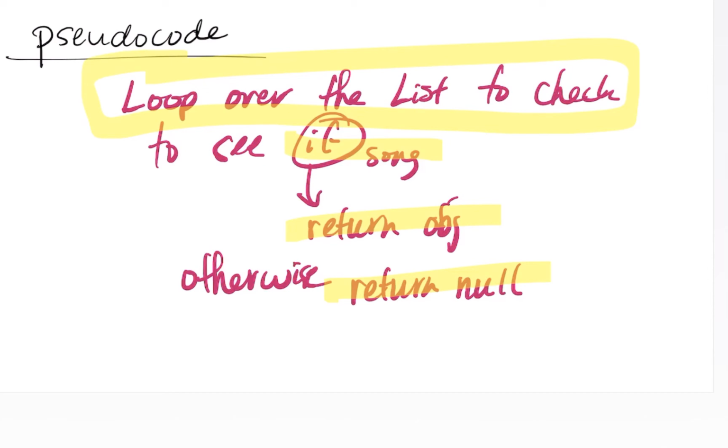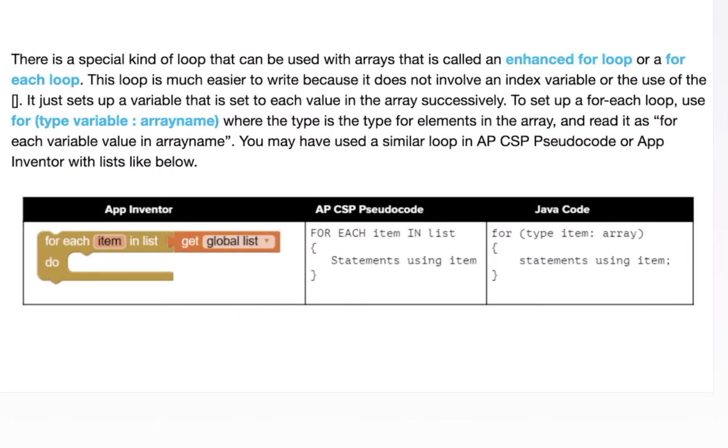And here are the 2 tips that I would give you for writing that loop and to check to see if the song is there. When you go to write the loop, I highly recommend that you use an enhanced for loop. And if you want to pause the video here, I've provided some notes courtesy of CS Awesome that refresh our memory on how to write an enhanced for loop, but essentially you declare the item, and the list or the array name comes next. And so I recommend looping over every element in the list that they have provided.